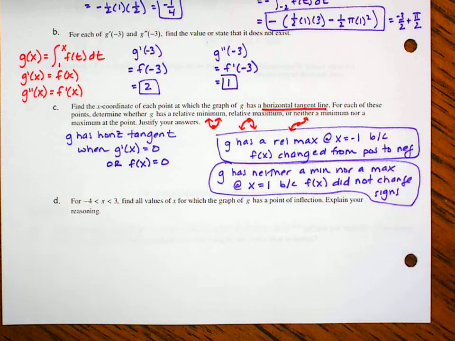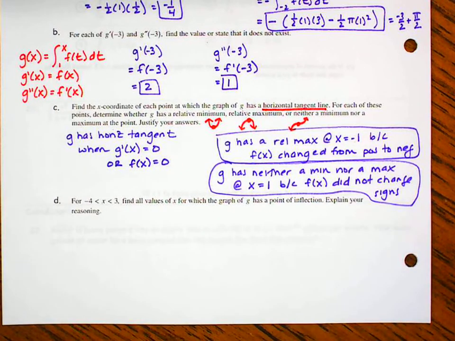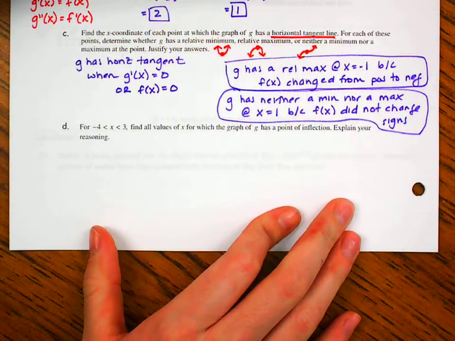Okay. So remember, it asked for the places that had a horizontal tangent. We looked for where the derivative of g was 0, or in other words, where f was 0. So those are my places, and then we checked for each one if it was a min, a max, or neither. Okay, so now let's jump into part D.